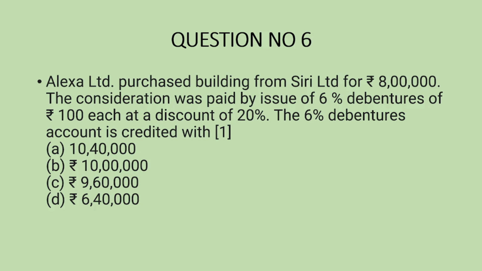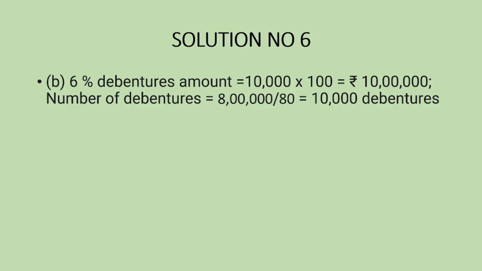So we will do the calculation and see that 6% debentures amount will be 10,000 into 100, that is 10 lakhs, and number of debentures will be 8 lakhs divided by 80, that is 10,000 debentures.